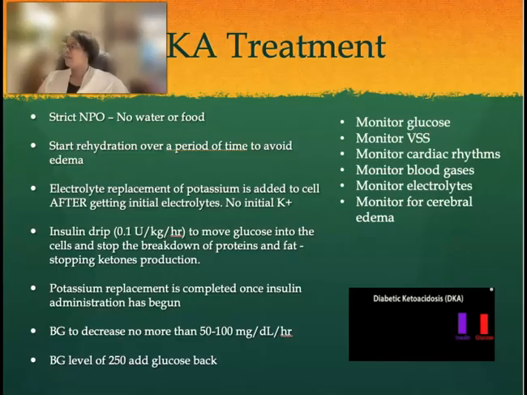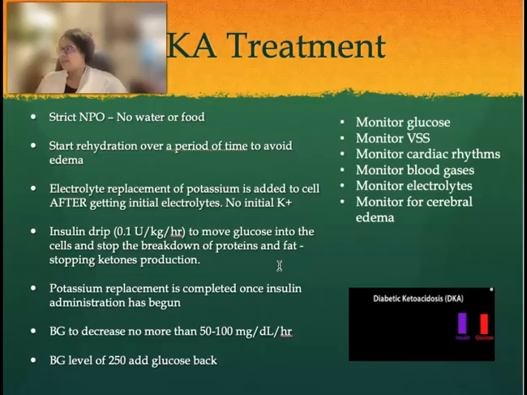Electrolyte replacement of potassium is added after getting the initial electrolytes, and after the insulin drip starts. Insulin drips are 0.1 units per kilogram per hour, and that will cause the glucose to move into the cells and stop the breakdown of protein and fats, that whole ketogenesis that is happening.